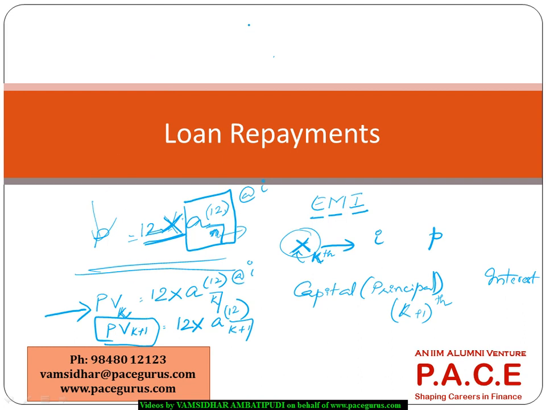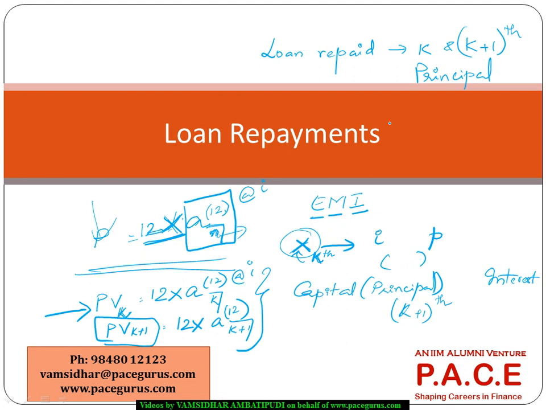So the difference between the two is the loan repaid between K and K plus 1th year. The loan repaid is nothing but the principal repayment part. So the difference between these two is the principal portion that is repaid during that particular year, but the overall payment being done is X every month, so 12X for the year.